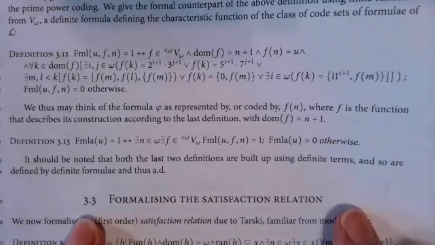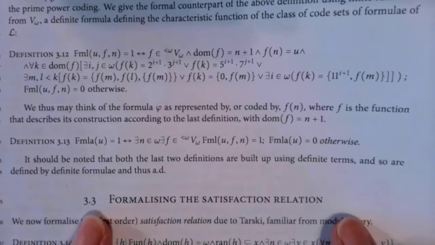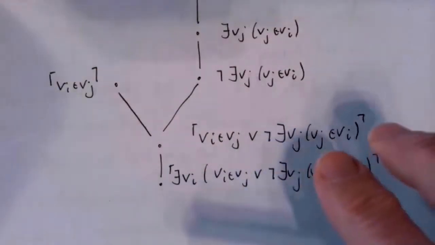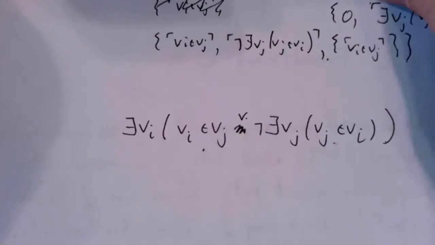What we do next is look at formalizing the Tarskian satisfaction relation. So these definitions I will write out. This will be reminiscent of what you've done in a first order logic course.